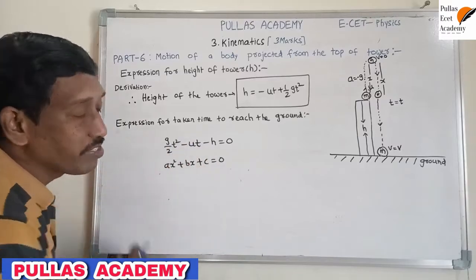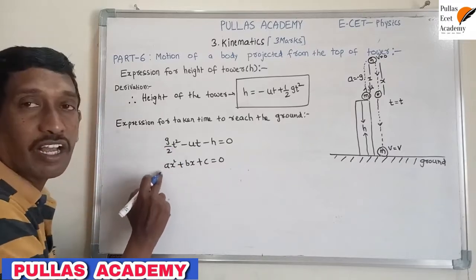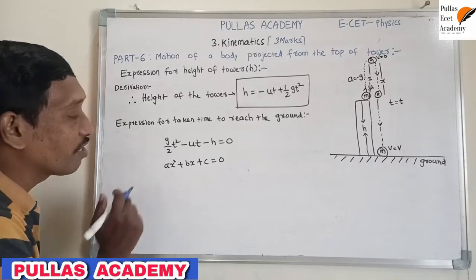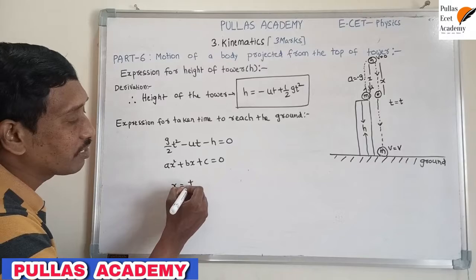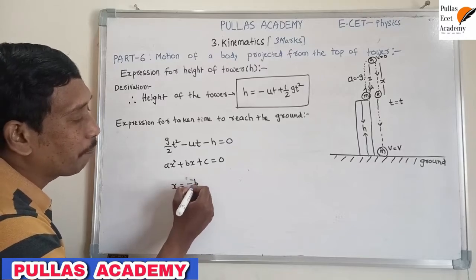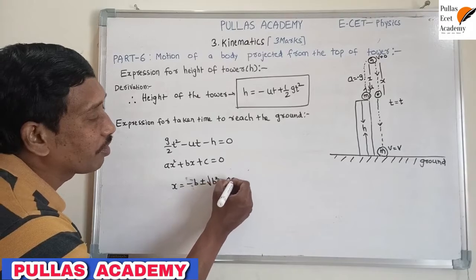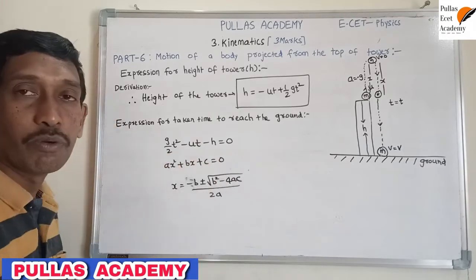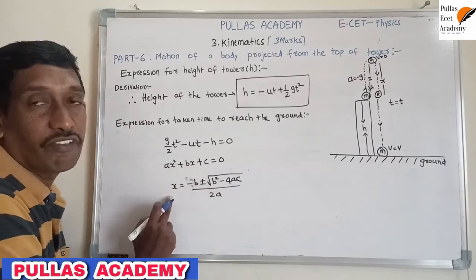If you compare with this equation, we need the expression for t. We know the expression for x. What is the solution of x for a quadratic equation? That is x is equal to minus b plus or minus under root of b square minus 4ac by 2a. In mathematics, you know this equation, that is the solution of a quadratic equation.